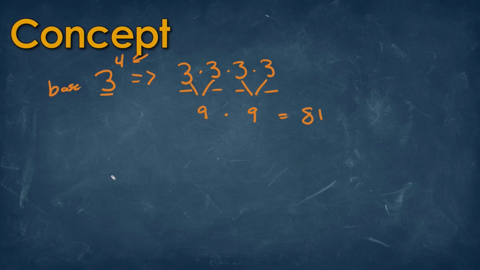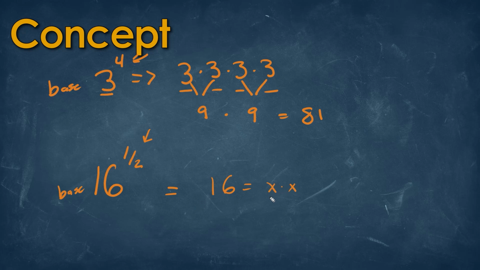Now something else we can do is if we have, say for instance, the value of 16 raised to the 1/2 power. So this again is going to be our base value, and we are raising it to an exponent of 1/2. When we see something like this, it is telling us what value of 16, where you have two values which we'll just call x, would multiply to give 16.